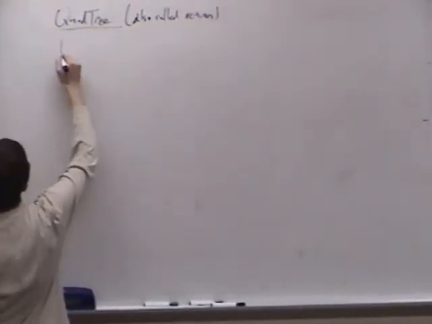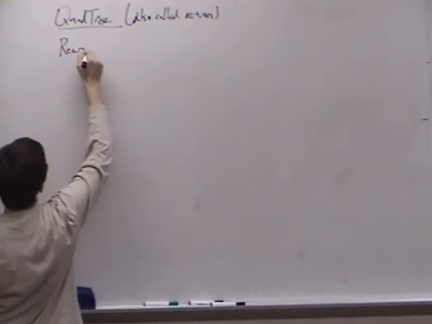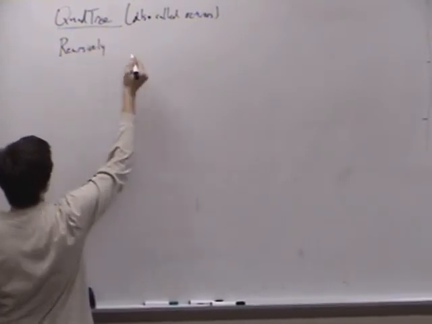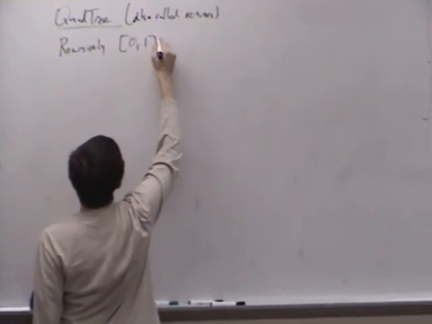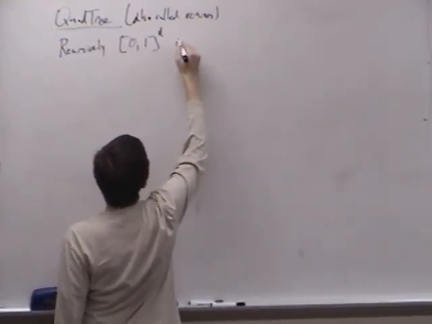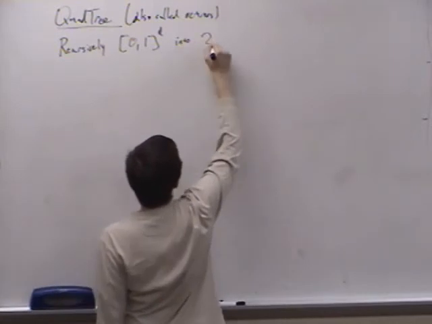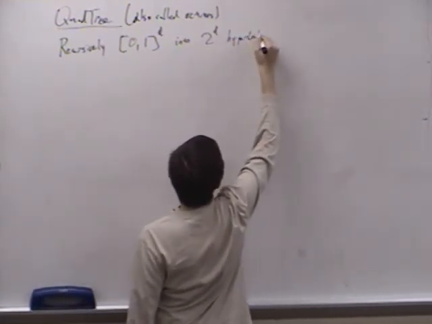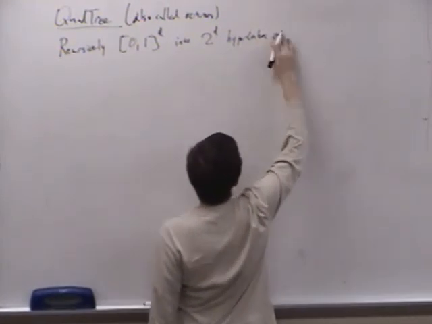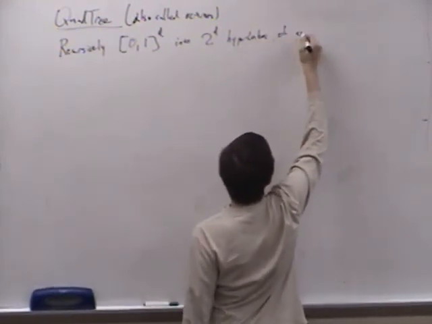We're just going to recursively subdivide a unit cube. This will basically be the interval [0,1] to the d, into 2 to the d hypercubes of equal size.